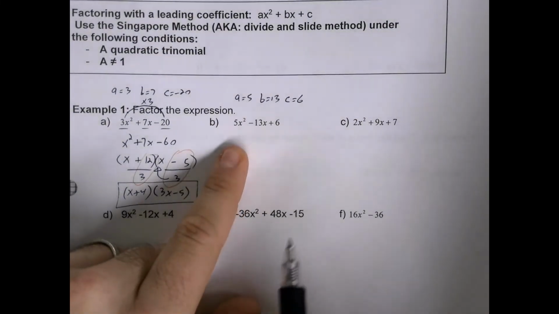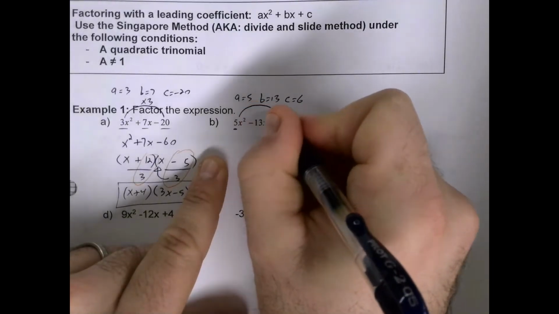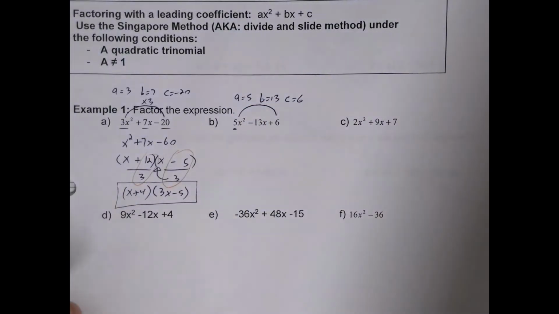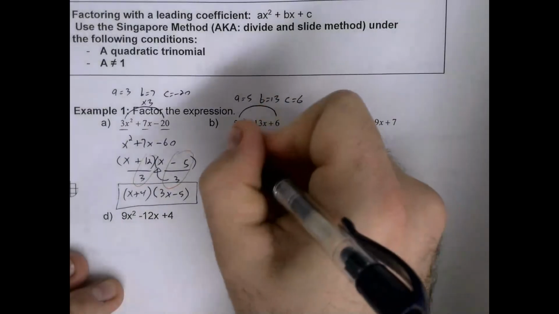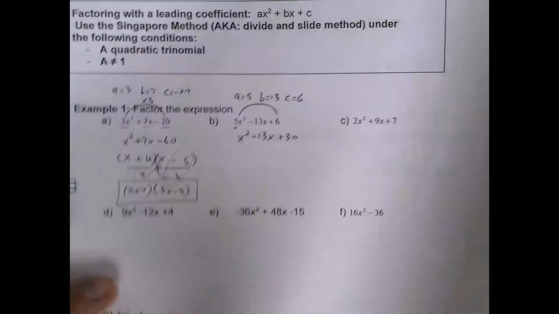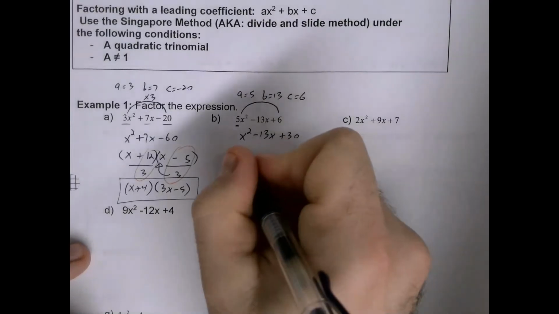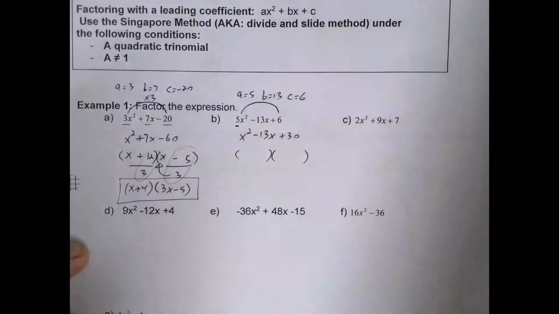How do we get rid of the 5 out front? So what did we do on the last one? You multiply it by the C. So you make it a new problem. So it becomes x squared minus 13x plus 30. Now the A is 1, and now we can factor that thing just like we did on Monday.